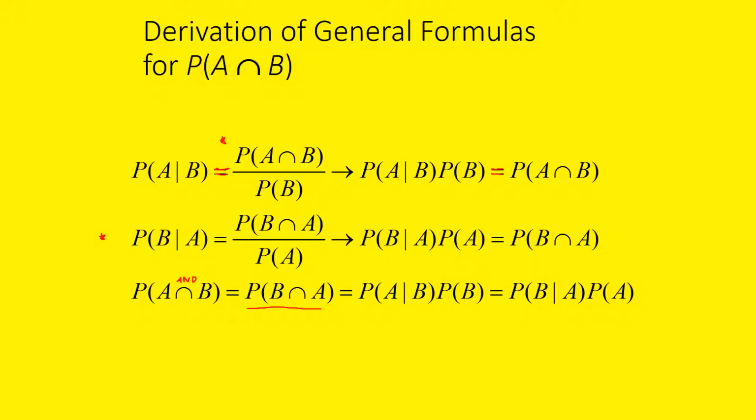Now, if you multiply both sides of the top equation by probability of B, you get this form of the expression. If you go back to the second line and multiply both sides by probability of A, you get this form. I like this form here.